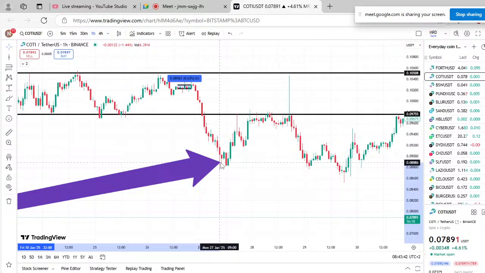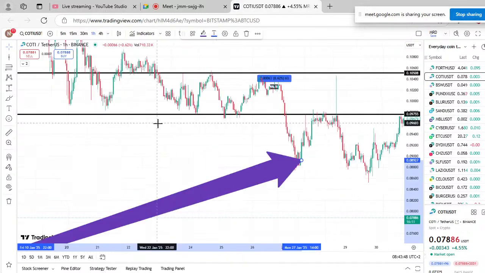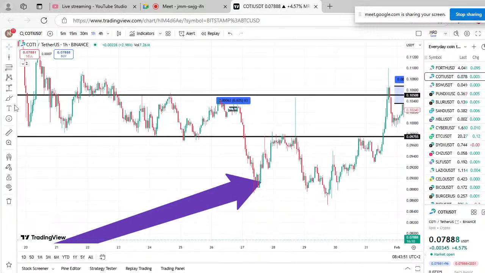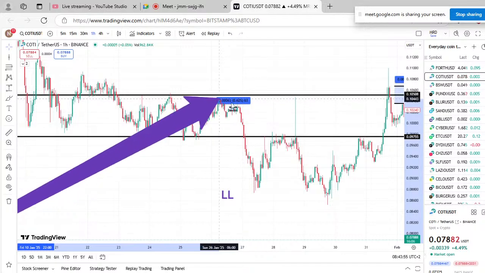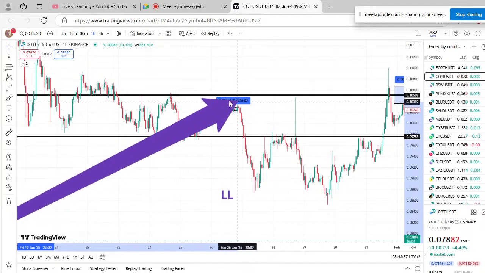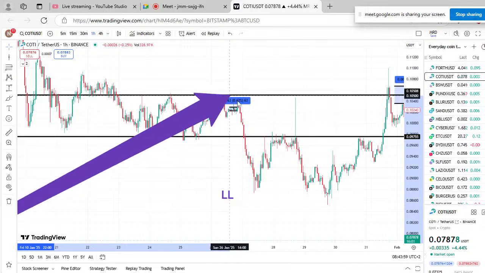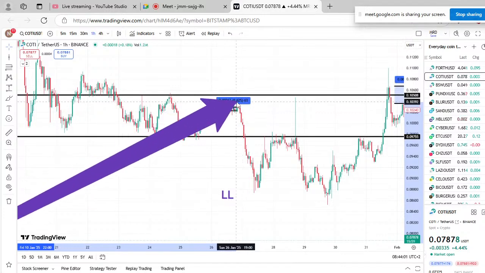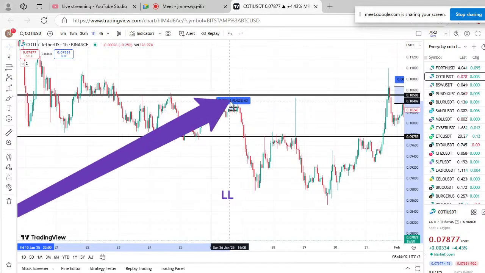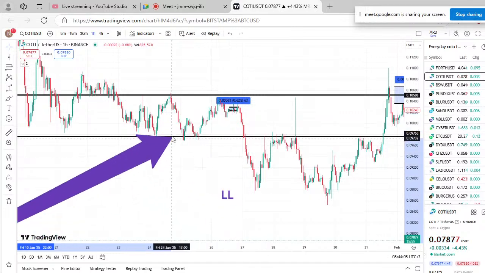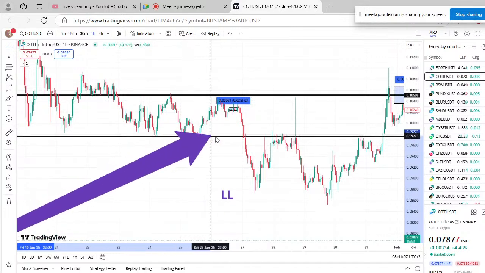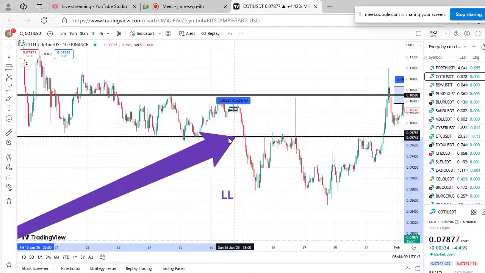So, our entry was supposed to be here. Remember, on 1 hour, this is lower high. Don't exceed this point. We don't expect market to come and break this point on 1 hour. So when you are taking profit, you can take profit up to the level of the previous lower low, whereby it is this black line.